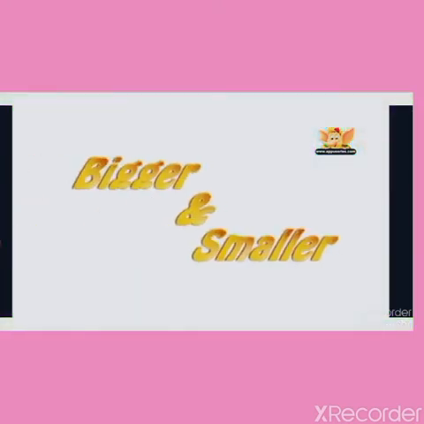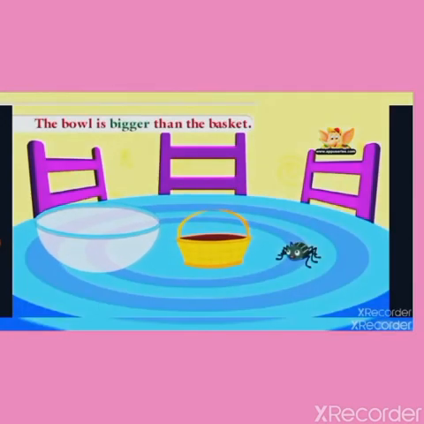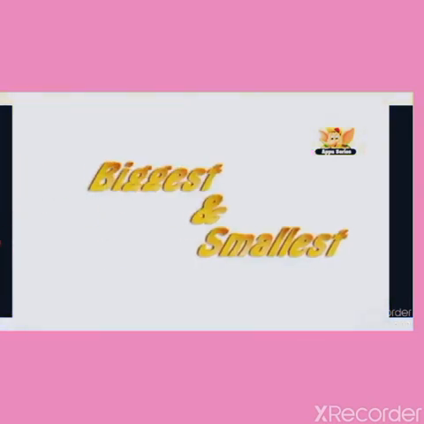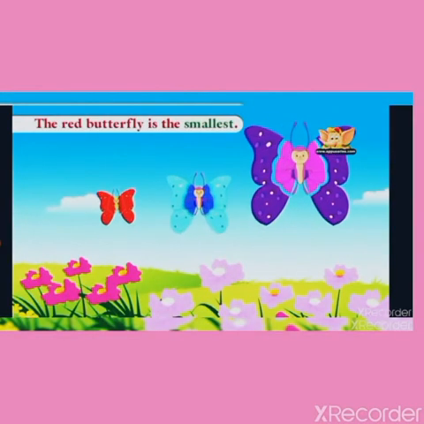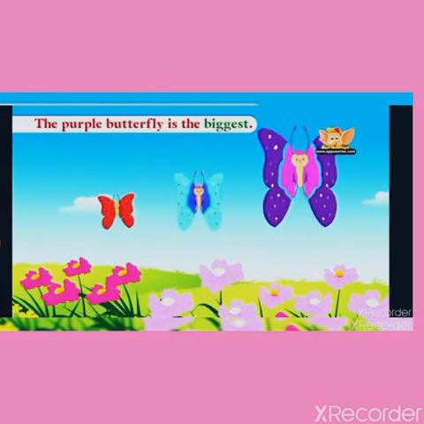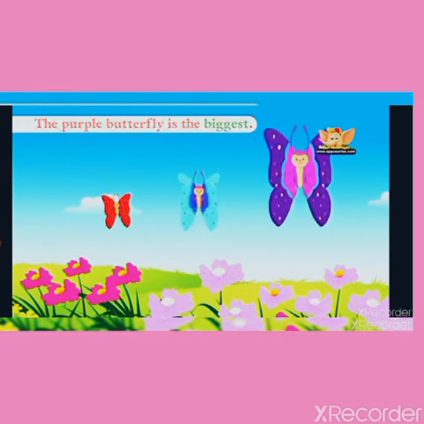Bigger and smaller. The bowl is bigger than the basket. The spider is smaller than the basket. Biggest and smallest. The red butterfly is the smallest. The purple butterfly is the biggest.